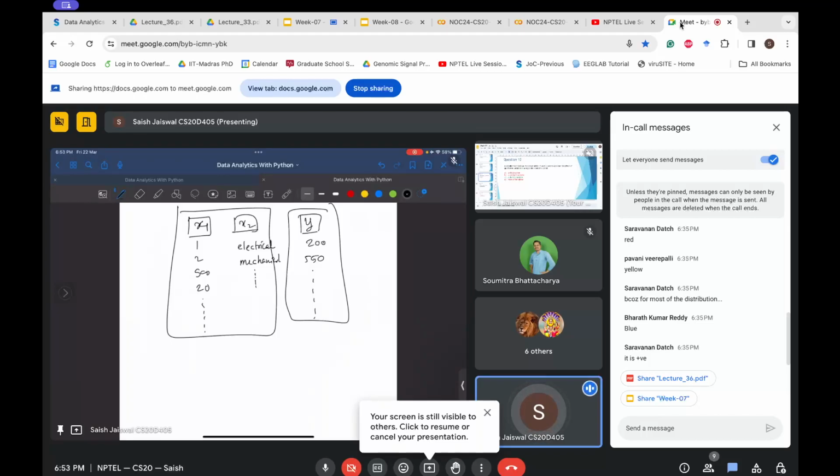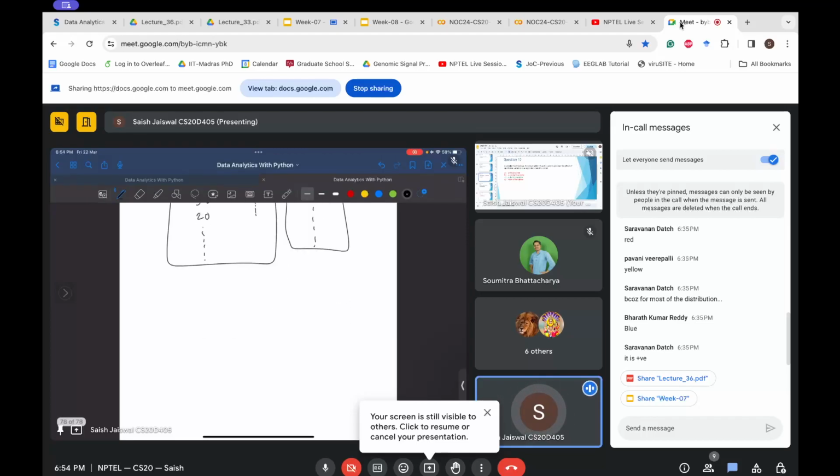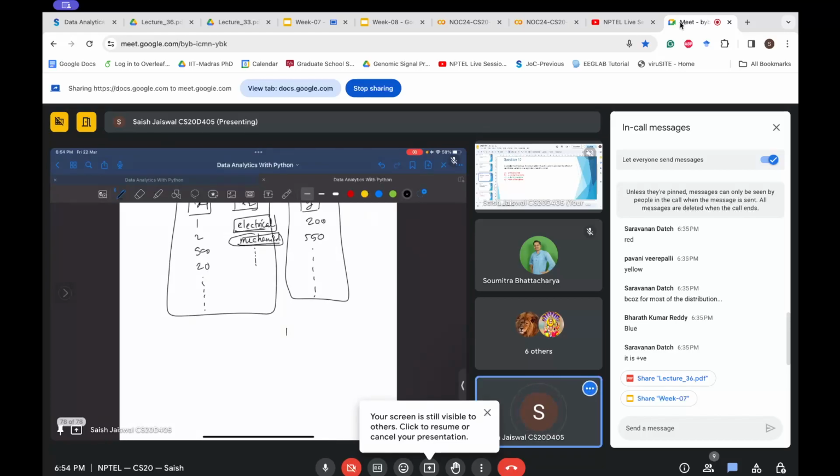But in this case, the problem is that this variable is categorical in nature. So I want to convert this particular variable into a numerical value. How many values do I have? I only have two possible values, electrical and mechanical. So I can represent this as 1 if it is electrical, and 0 if it is mechanical.